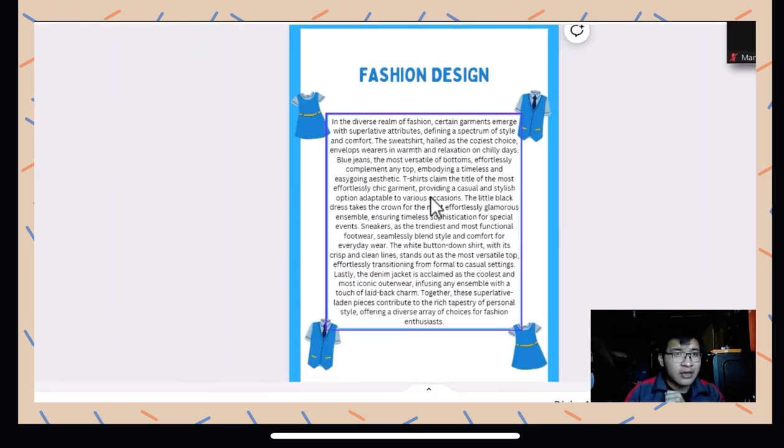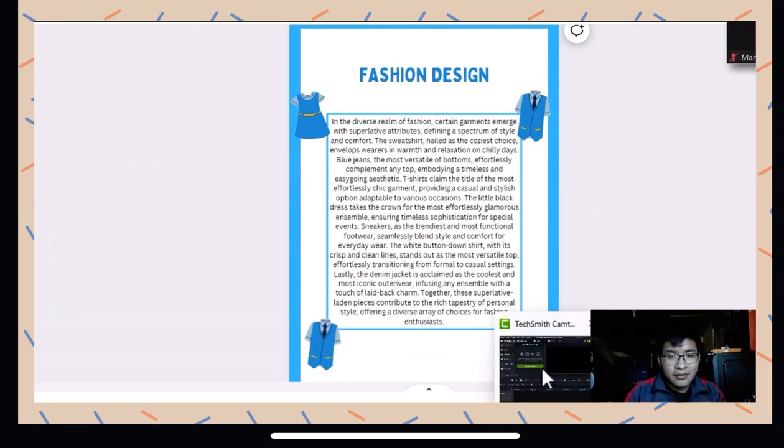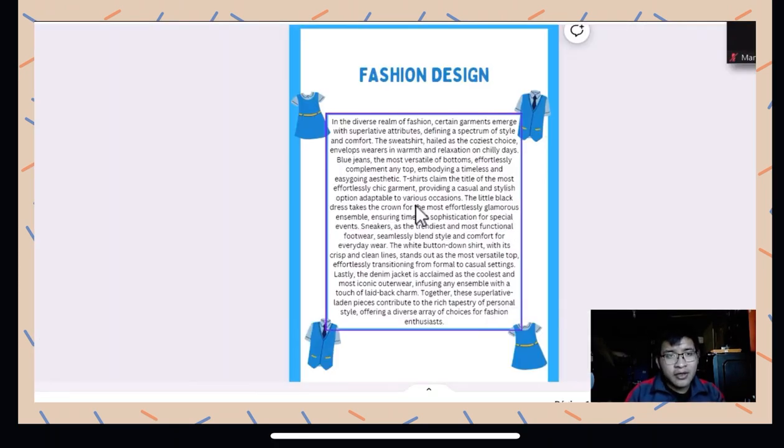This one. It contains diverse sentences that have superlatives, some superlative adjectives, and some pieces of clothing that they can identify.